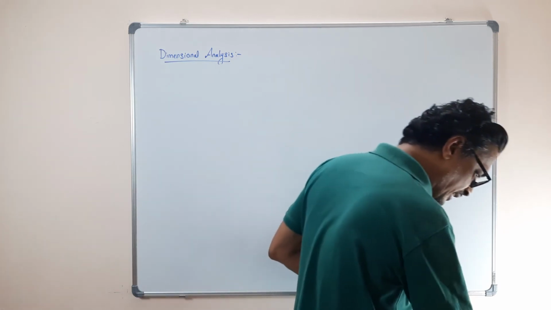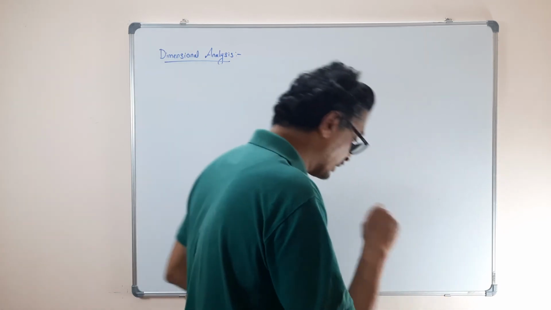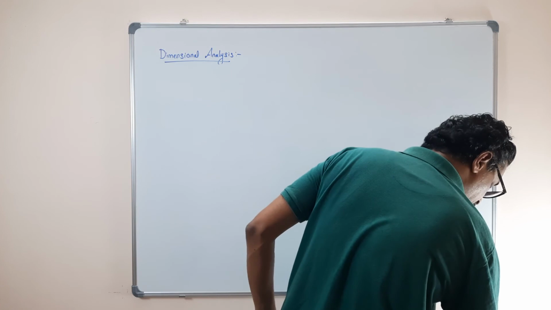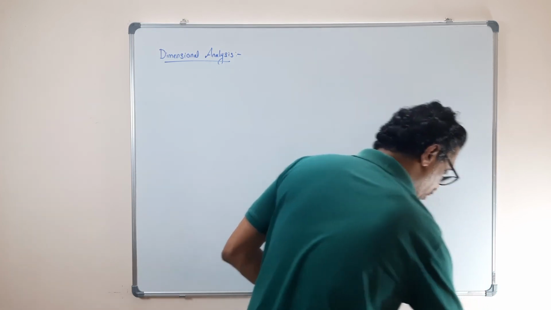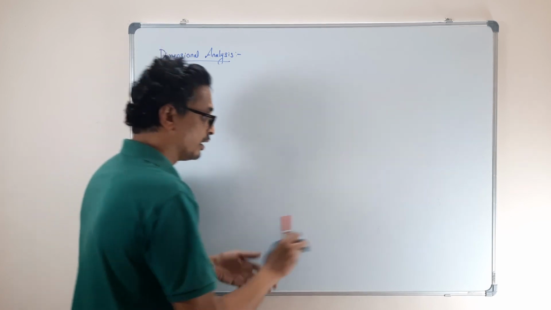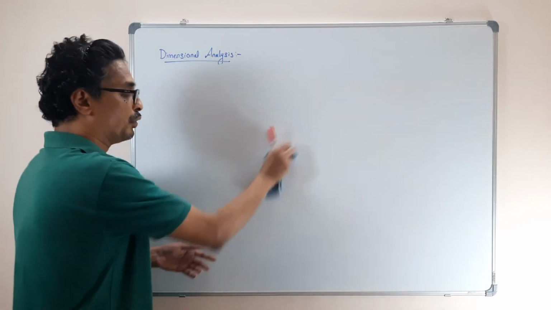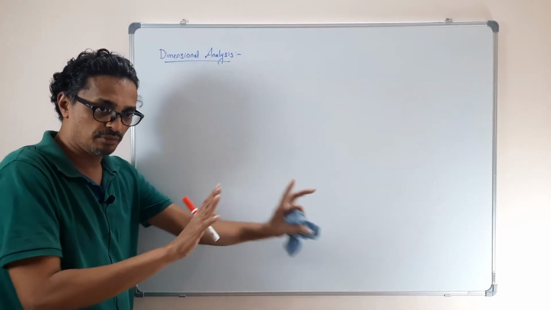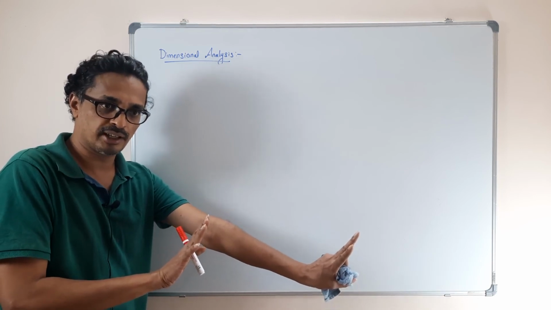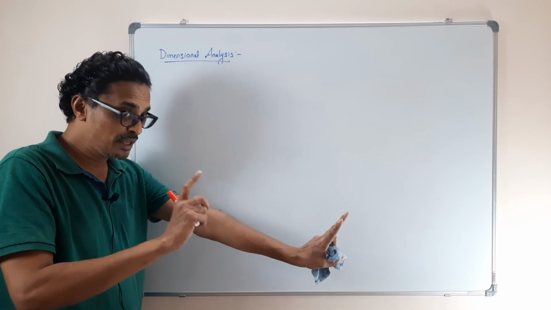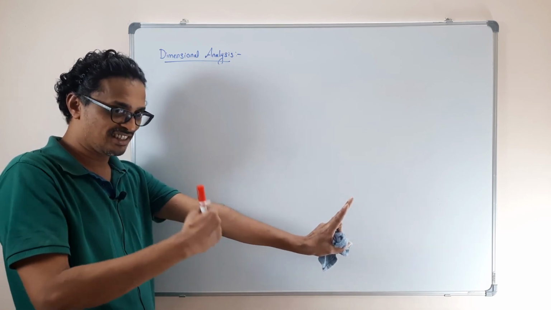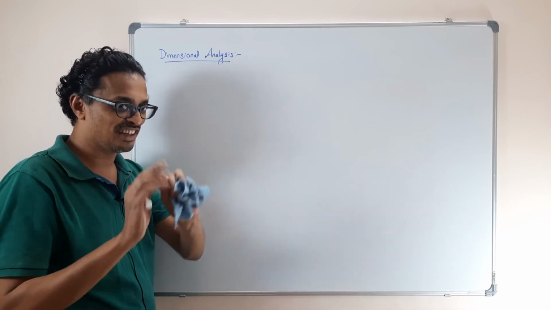And the other one: what we did was write the quantity proportional to all the important quantities we understood, and then put in a constant. We missed one thing: we took that constant to have no dimension.